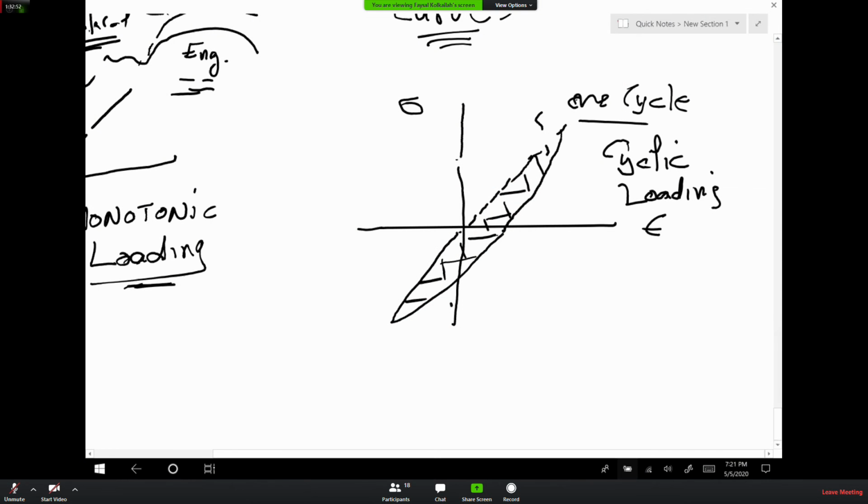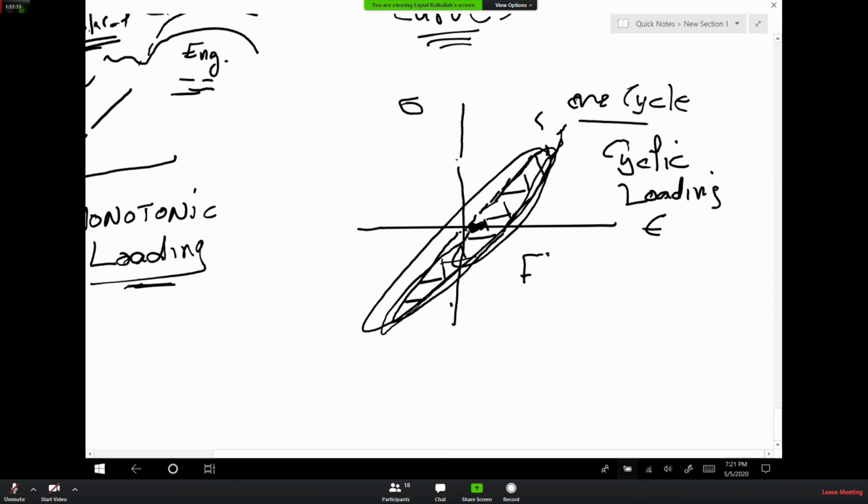And you can go one cycle up to a million, whatever. And every time you go and you come back and you close, you really don't go back to zero. You lose a little bit. And you go one more cycle and you lose a little bit more. So every time you go through a cycle, you do not end up at the original point. So you're really moving along the x-axis, then you have a permanent deformation.